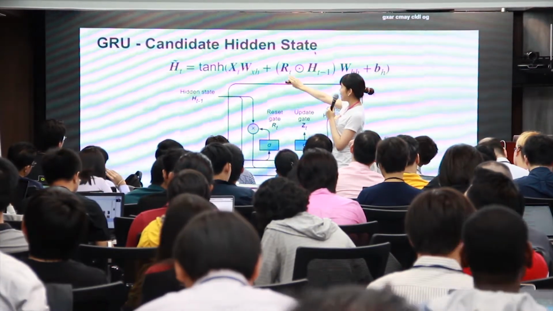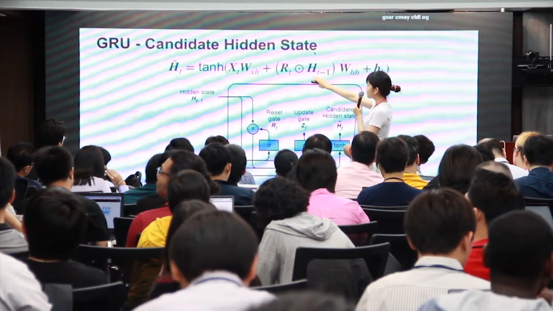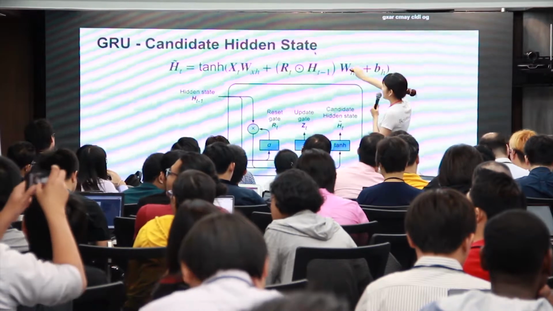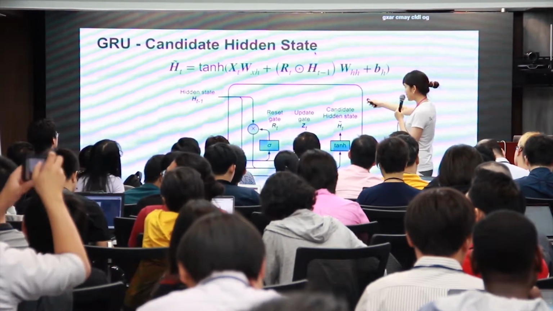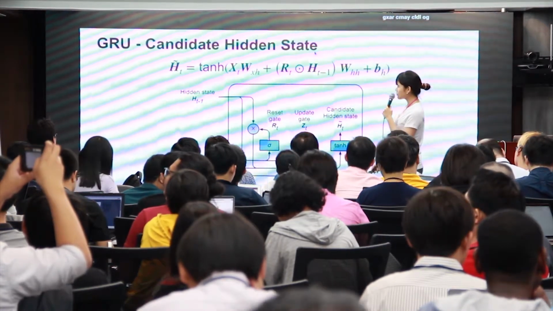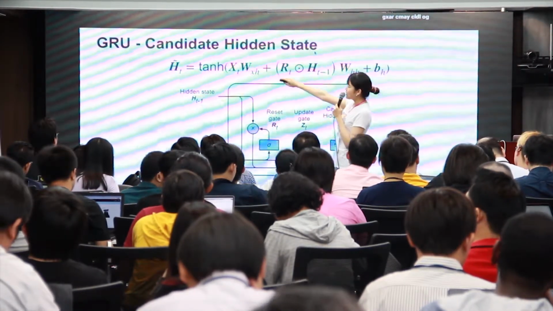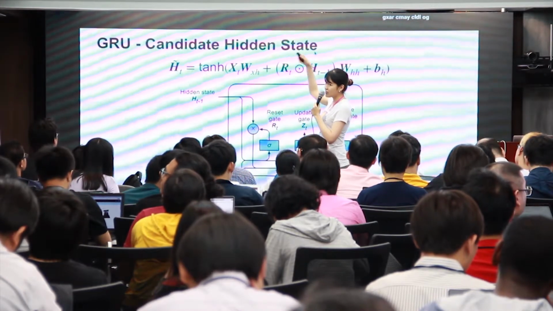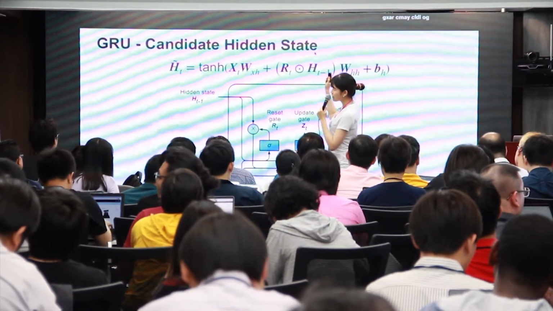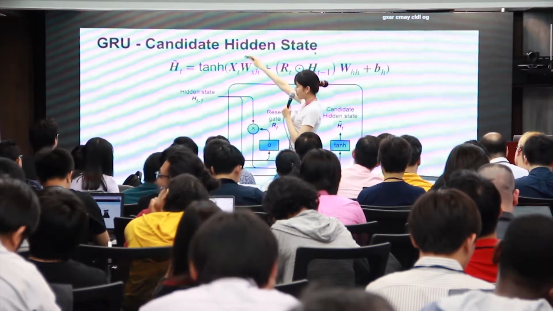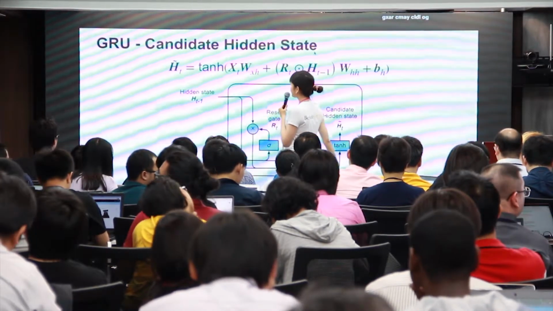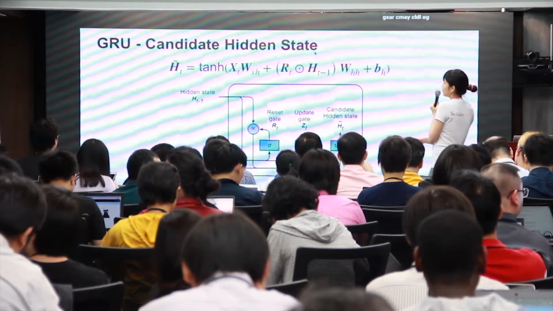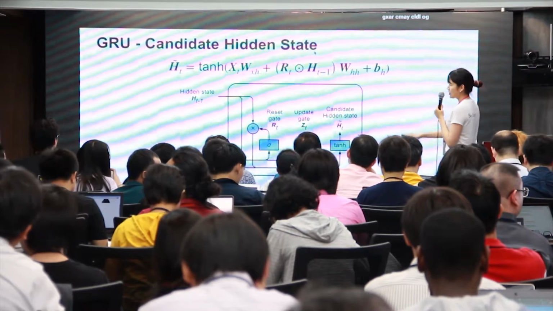So we use R_t element-wise product with H_{t-1}, and also multiply with W_hh, which is just for this candidate. And we also initialize this W_xh, which we initialize independently compared with the other weights, which is just applied on the new input X_t. So we have these 2 terms, we add a bias, and we apply the tanh function on it, the hyperbolic tangent.